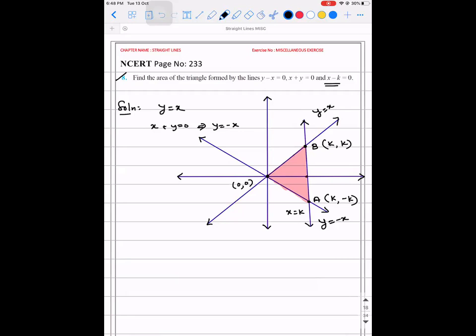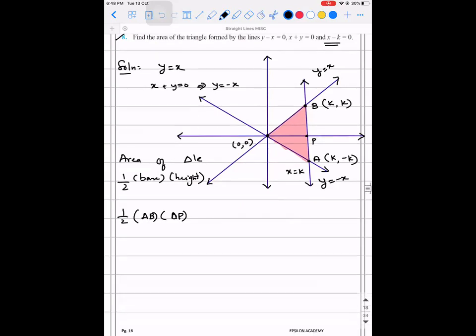Right? So if I take this point as P, now observe, what is the area of this triangle? Area of the triangle is half into base into height. So half into base is AB, height is OP. So half into, what is the value of AB? What is the distance between A to B?